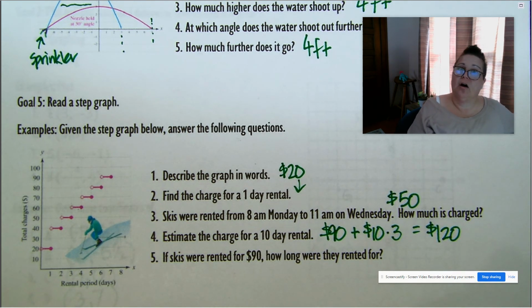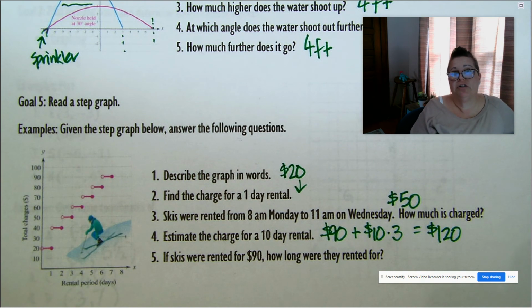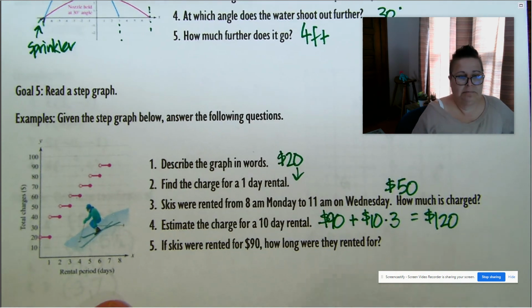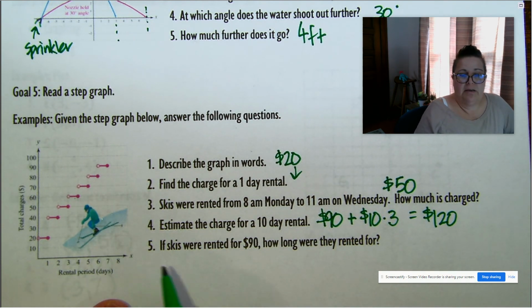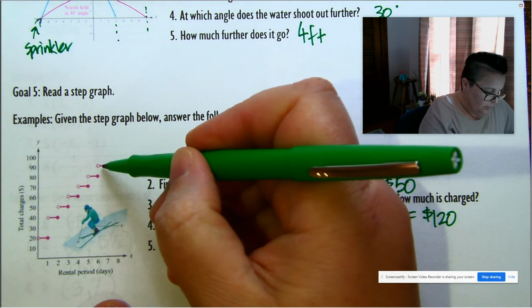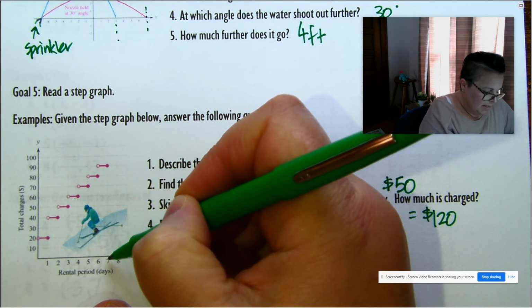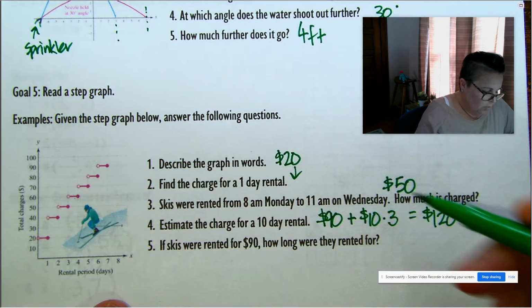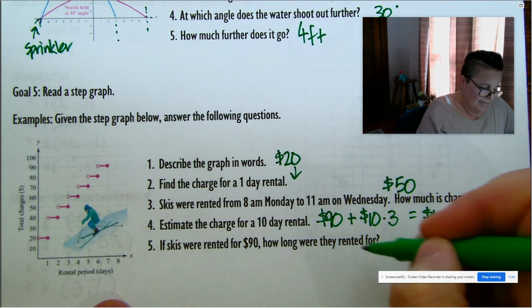It's a guess. I could call the place and they could say, oh no, we charge $150 because after a week there's extras, but who knows? If the skis were rented for $90, how long were they rented for? $90 tells me they had to have been rented for 7 days.